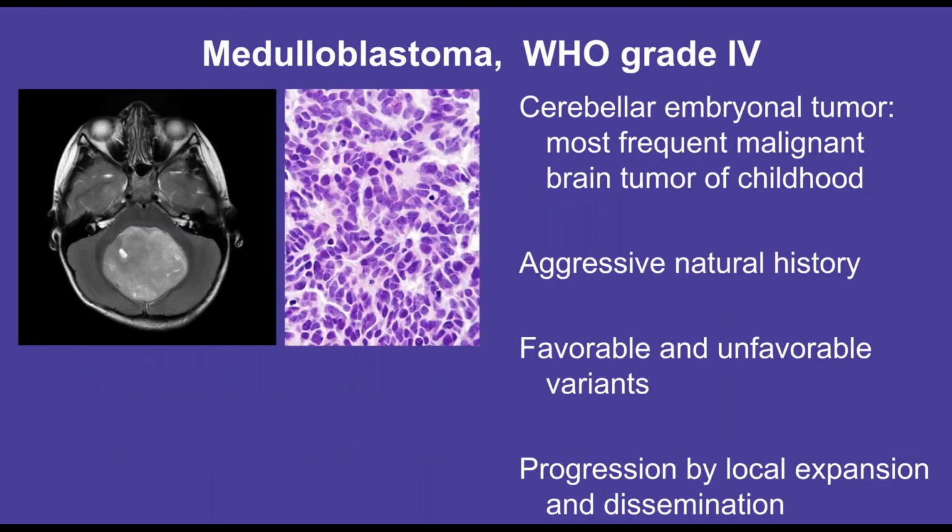So I'm just going to follow up and finish up with a brief discussion of medulloblastoma, grade 4. Again, the most common primary tumor of childhood. It is highly malignant and it's primitive. What we have found is that even though they have a poor prognosis overall, there are some favorable and unfavorable variants.